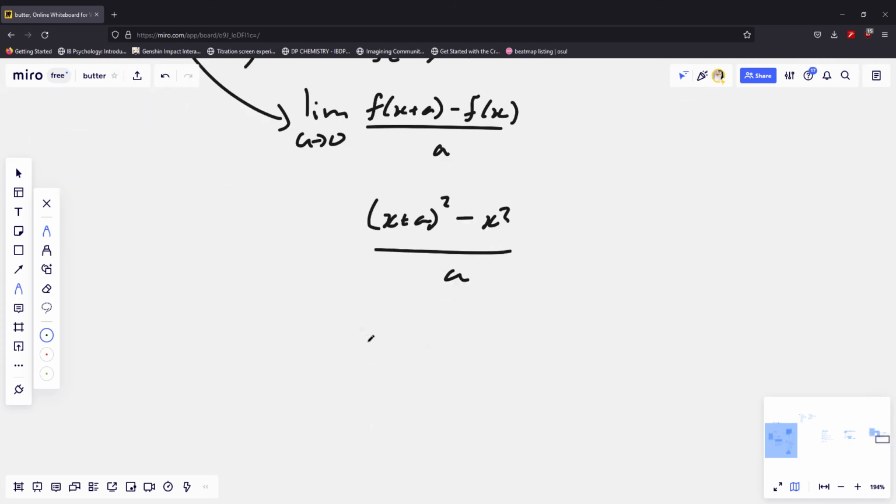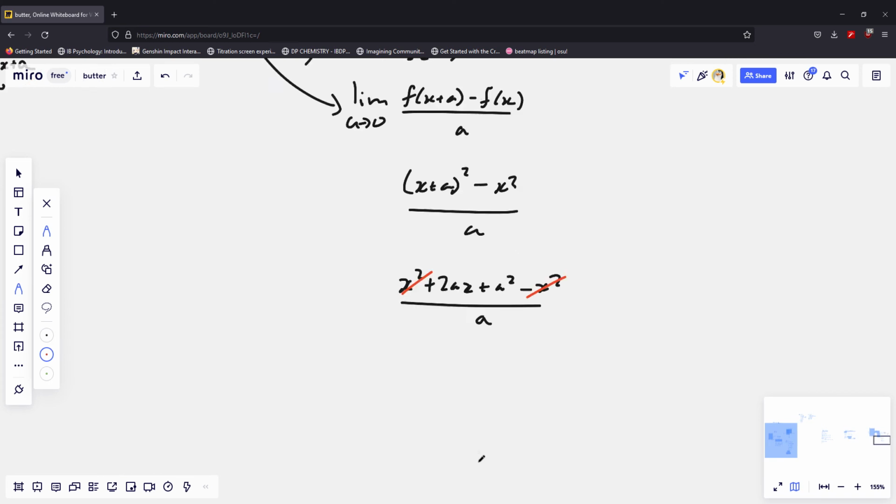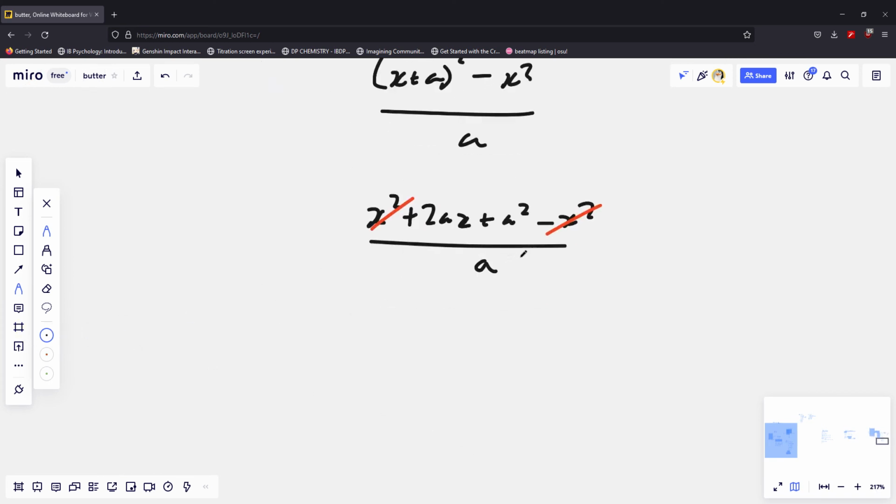And this is equal to x squared plus 2ax plus a squared minus x squared over a. And these two x squareds cancel out. We're going to end up with these two terms, and they both have a, so let's factor a out. And we're left with 2x plus a over a, and these a's will cancel out.